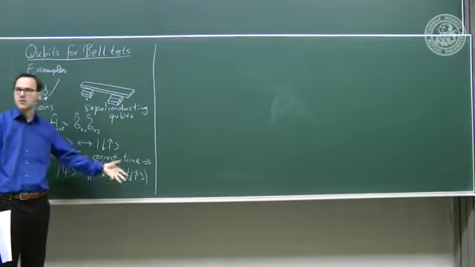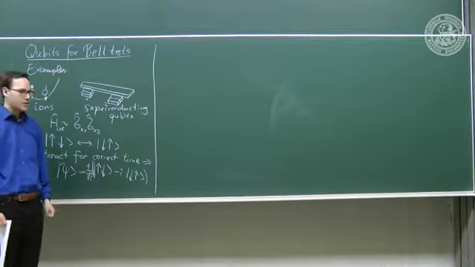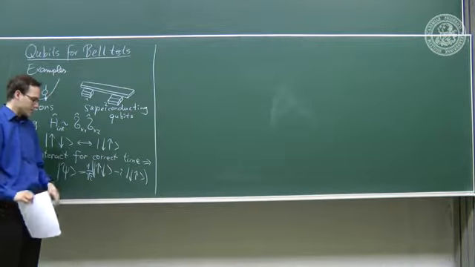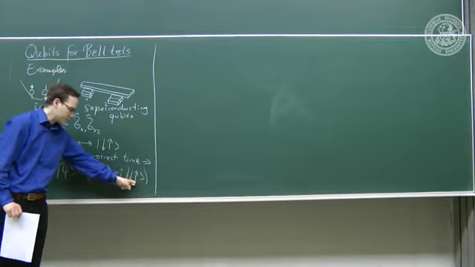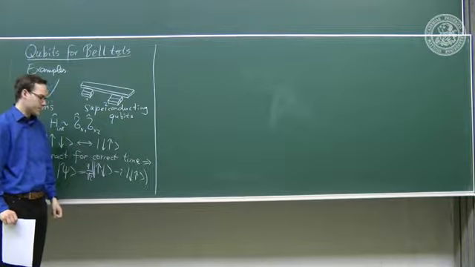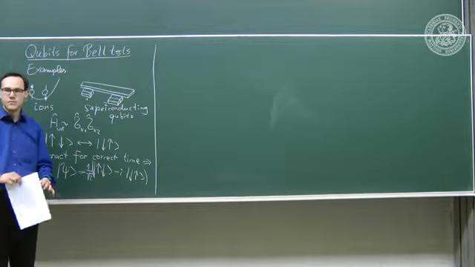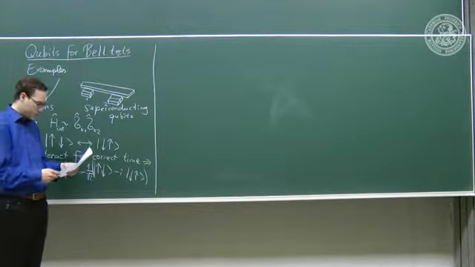This is still a maximally entangled state, and so this is good enough for a Bell test. And anyway, you could get rid of this phase factor in principle by doing a single qubit operation on, say, the second qubit. Okay, so that is one option.